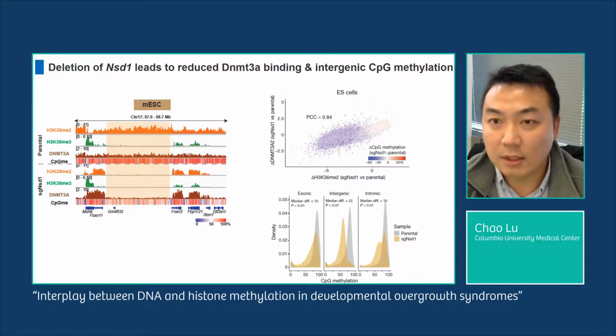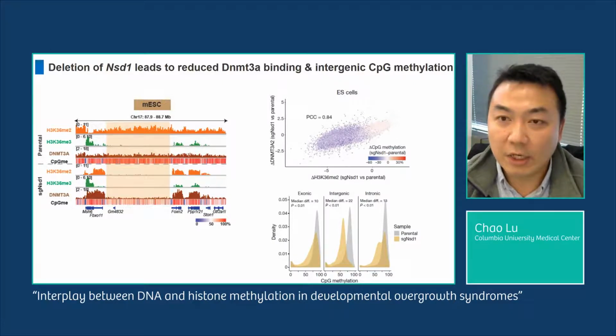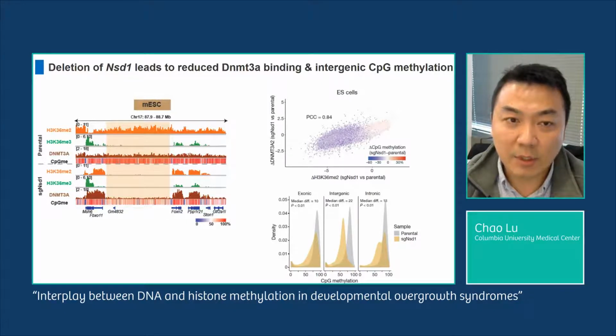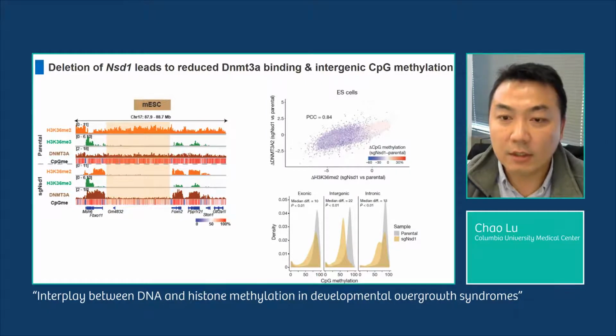This is shown in a heat map. So all three events are positively correlated with one another. And as I mentioned, it seems that NSD1-regulated H3K36 dimethylation mainly occurs at intergenic regions. We do see that if you classify the genome into exons, introns, and intergenic regions, loss of NSD1 specifically reduces the DNA methylation levels at intergenic regions.